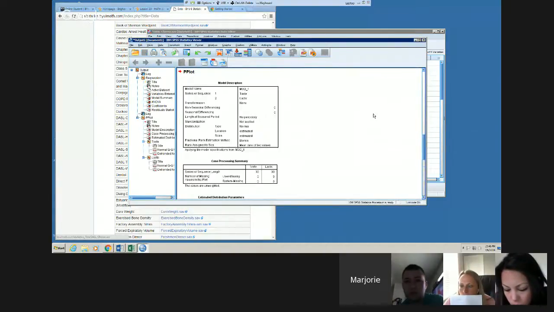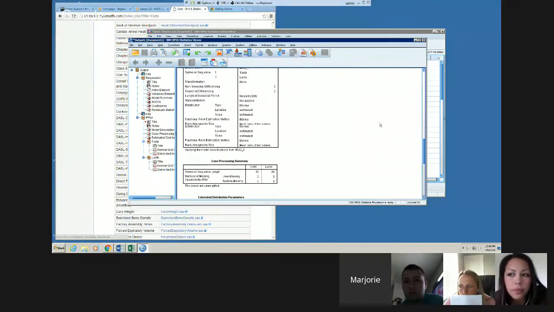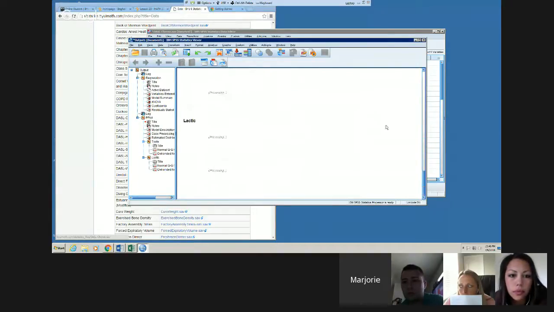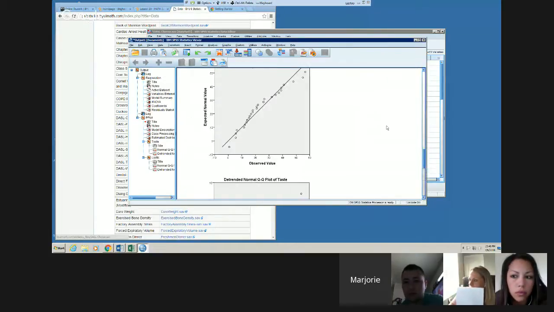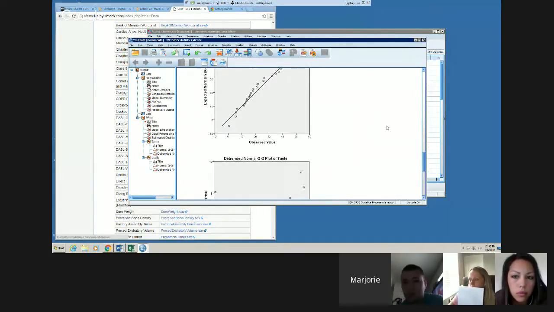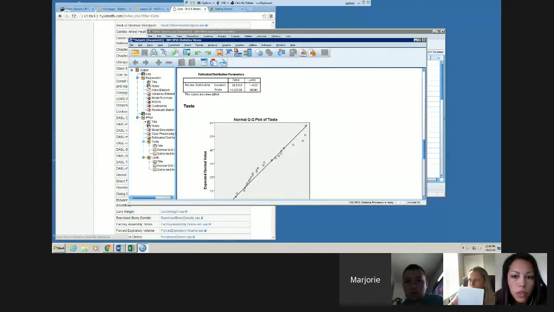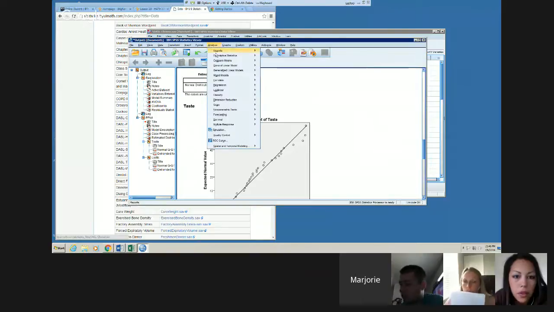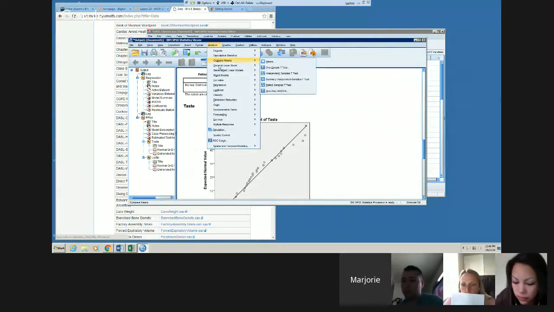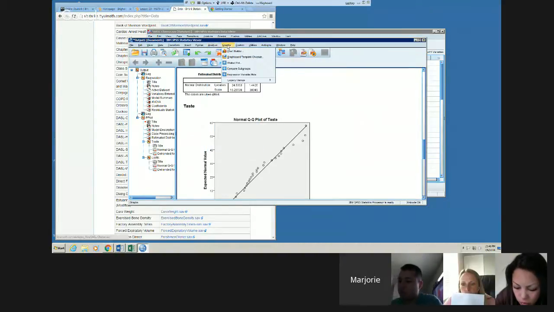All right, let's see if these look like them. No. I think you need to do a scatter plot, not a QQ plot. Okay, and that one's in graphs.